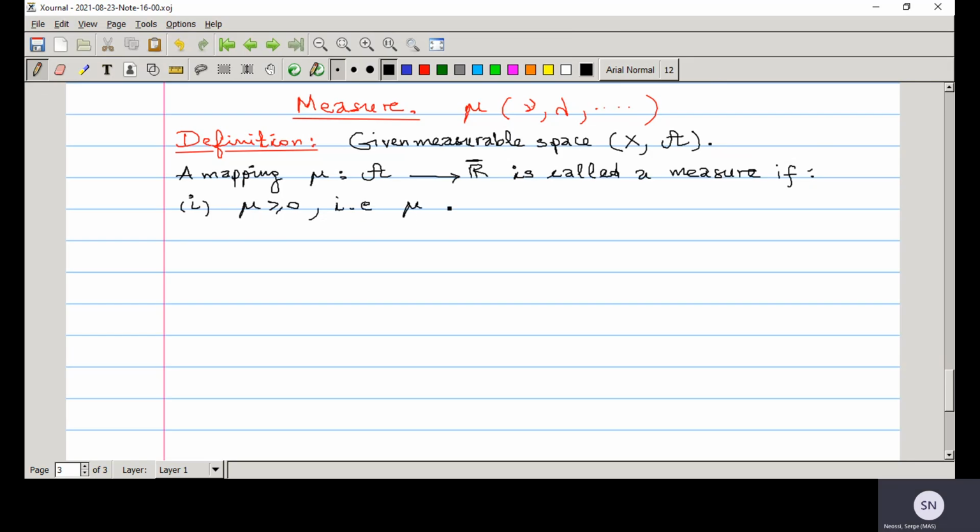That mu, when I write like this, it means that at each point x, mu is a function.